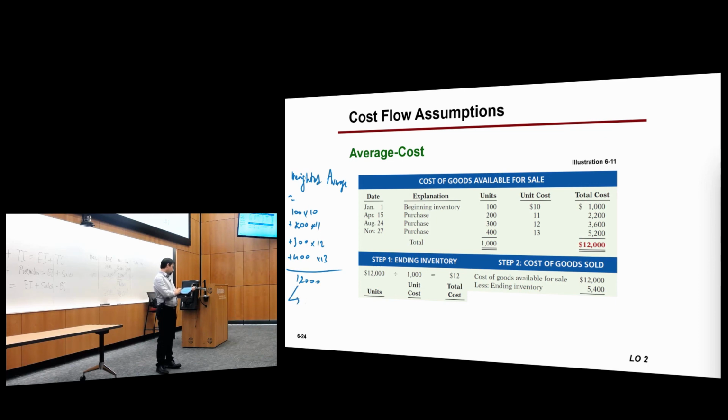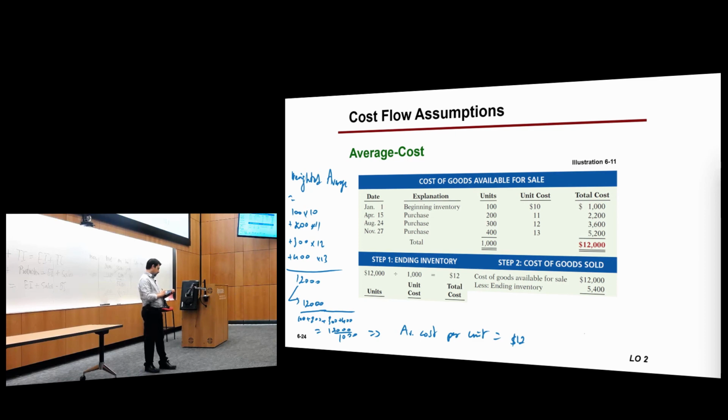You divide this by the total number of units, which is 100 plus 200 plus 300 plus 400. It would be 12,000 divided by 1,000, which means the average cost per unit is equal to $12.